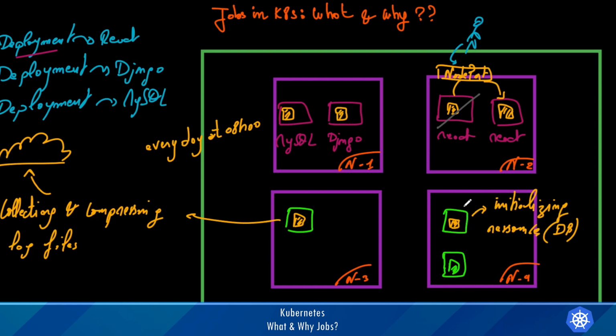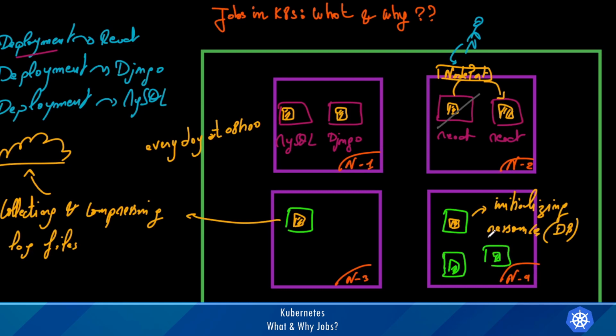So here we want a solution to make sure that if this pod performs this task successfully and then terminates, the pod shouldn't be recreated. And if the pod fails before performing this task, the pod should be recreated.